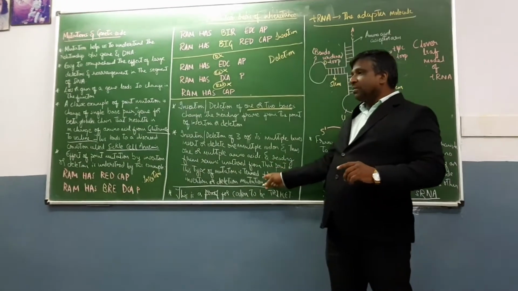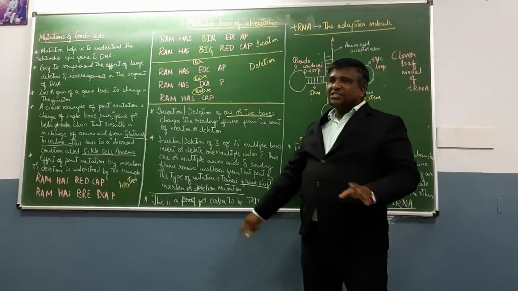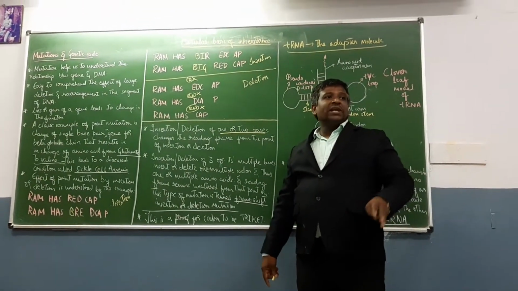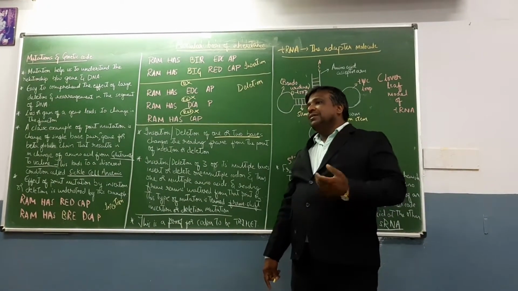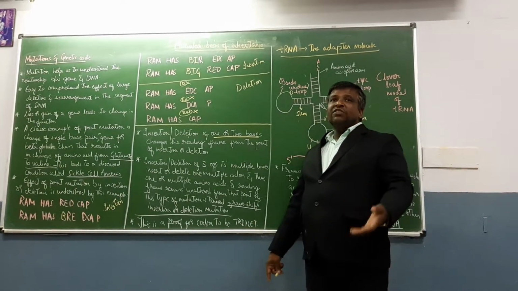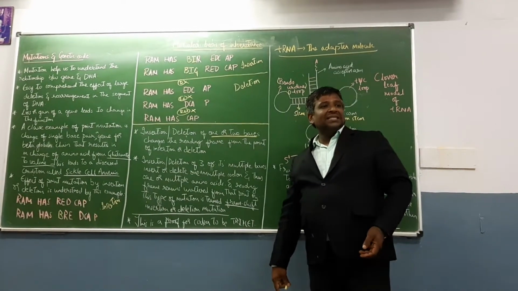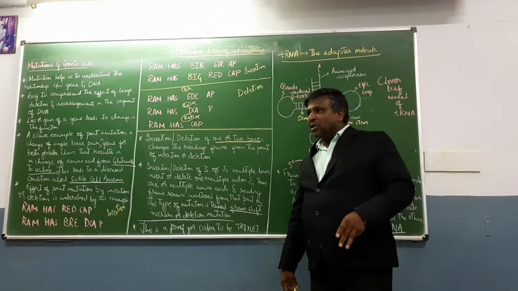That is what you have to remember. And this is a proof. This particular example itself is proof that the genetic code exists as triplet codon. That itself is an example and evidence for the codon being a triplet, with three nitrogenous bases.